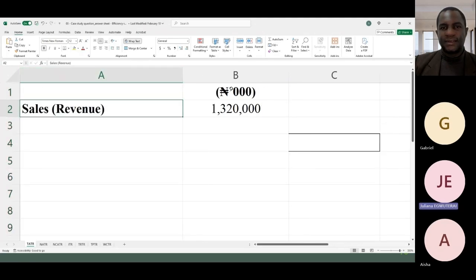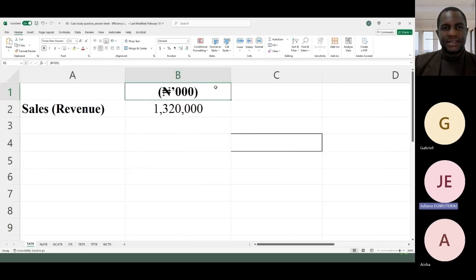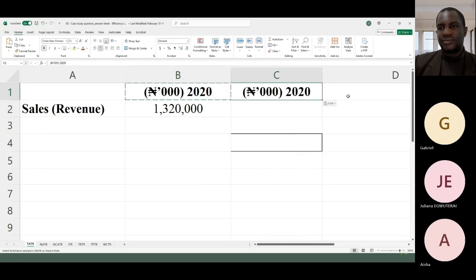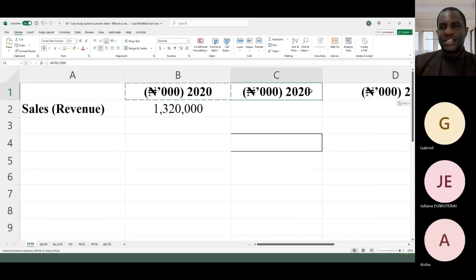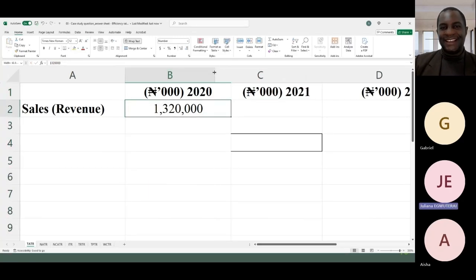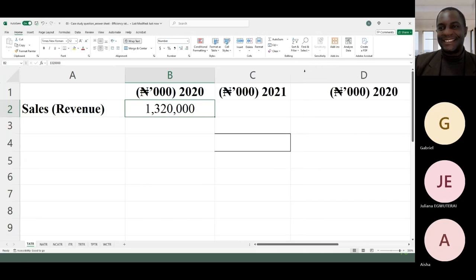The average is the denominator, the component we are using, but the name of the ratio is total assets turnover. You can't call it average asset, because asset is asset.